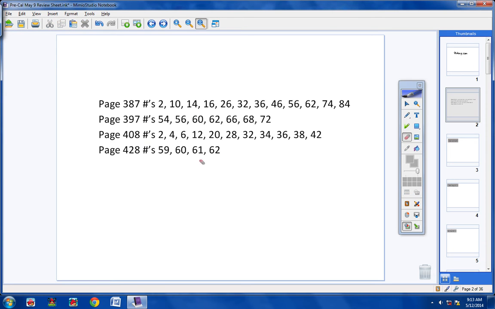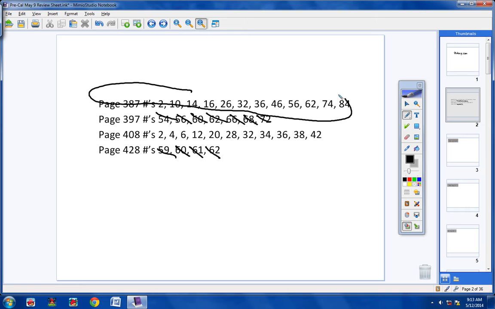We can do the whole page. Matthew has voted, and he wants to do the whole page. So we're going to do number 2 and then number 84, because they go together, and then we'll do 10 through 74.